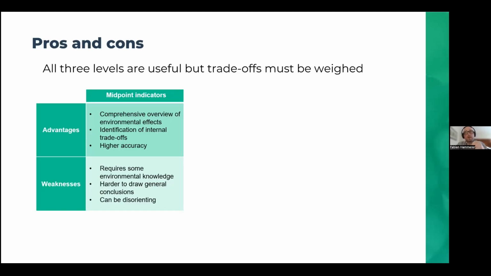And they also have a higher accuracy because they rely on less mathematical modeling. Their weaknesses are that they require some environmental knowledge to make sense of them. It's not everybody that is necessarily familiar with eutrophication or acidification or various other environmental or human toxicity impacts. They're harder to draw general conclusions from, as we've seen many indicators, and that can be disorienting to decision makers.